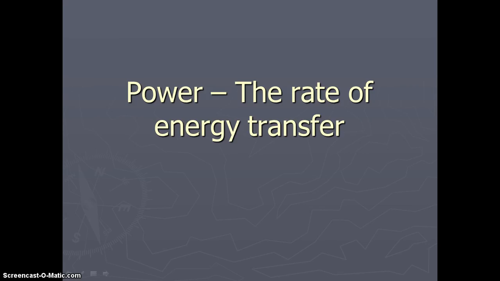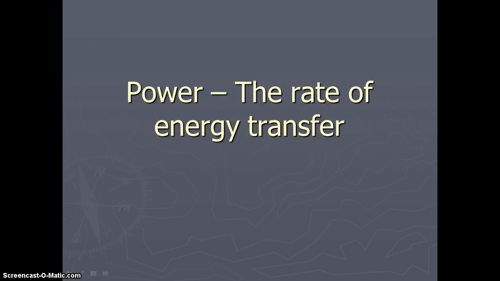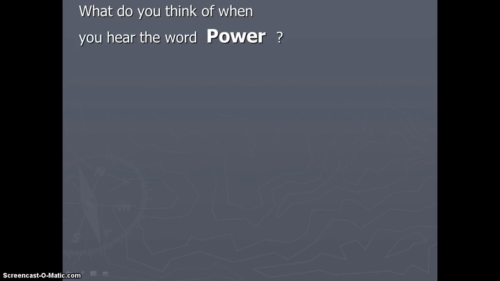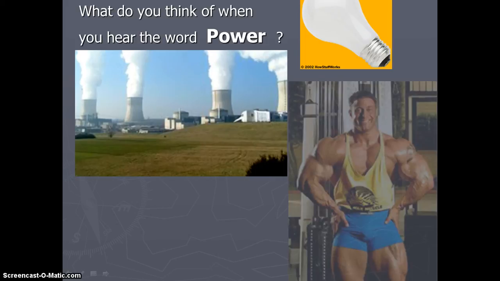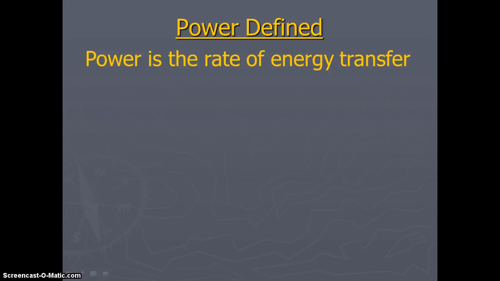Now let's take a look at power. Power is the rate at which energy is transferred. So work is a transfer of energy. Power is how quickly you transfer that energy. When you hear the word power, a lot of different things might come to mind. But in physics, just like work, power has a very specific meaning.